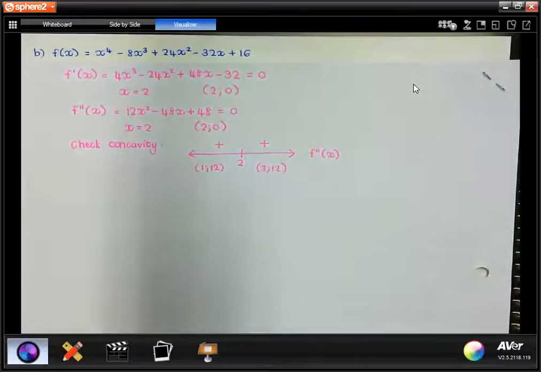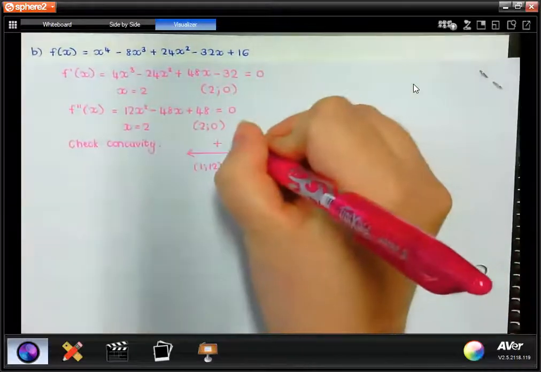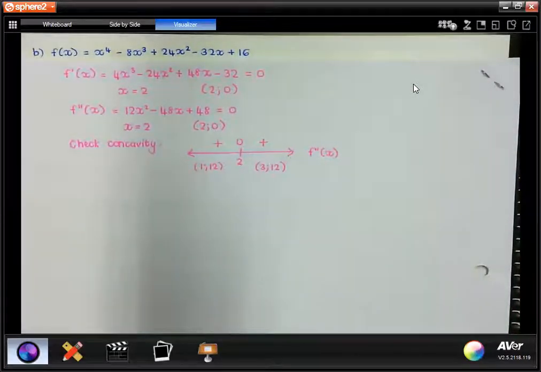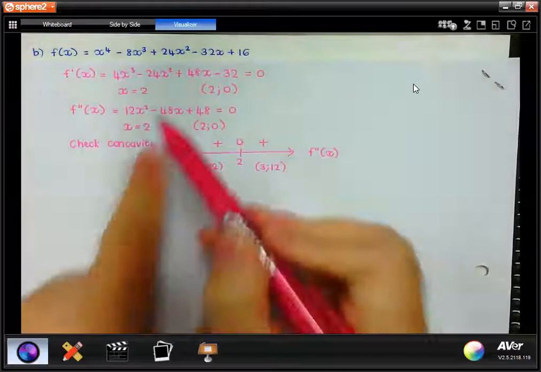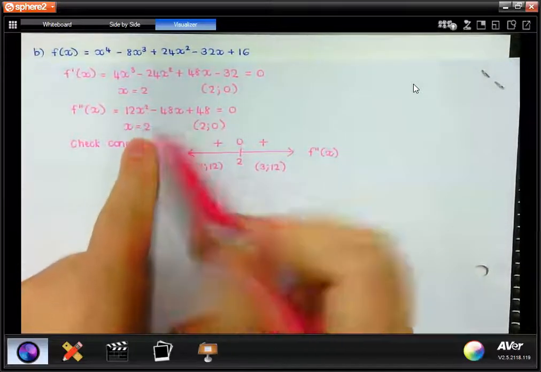So what do you think, guys? Remember at 2, the second derivative is 0, right? We know that. So it's concave up, 0, concave up. It has 2 points of inflection happening. It's a double point of inflection, because it's an x squared, so we're supposed to get 2 x values here.